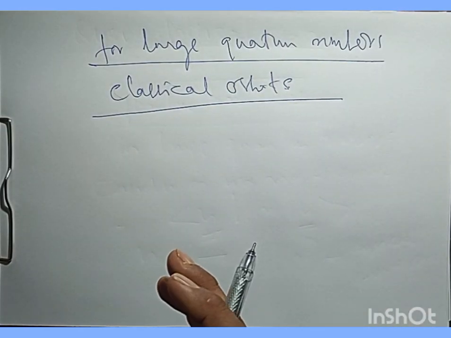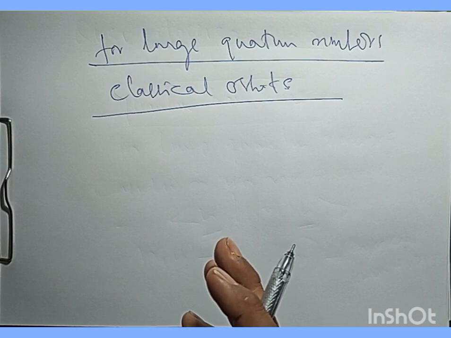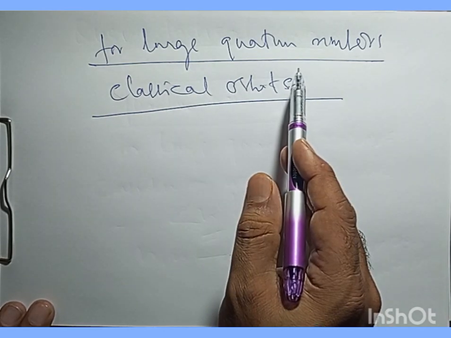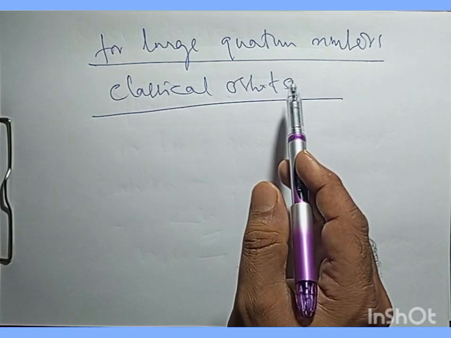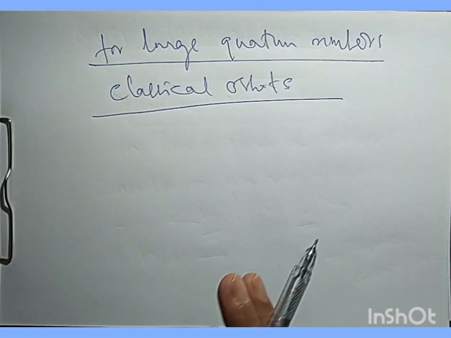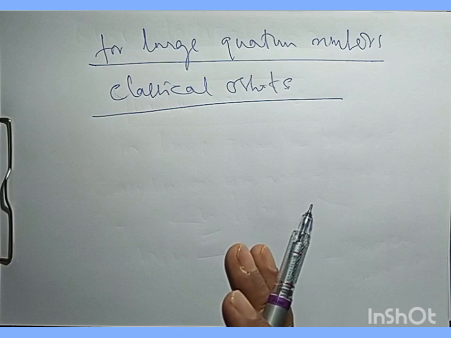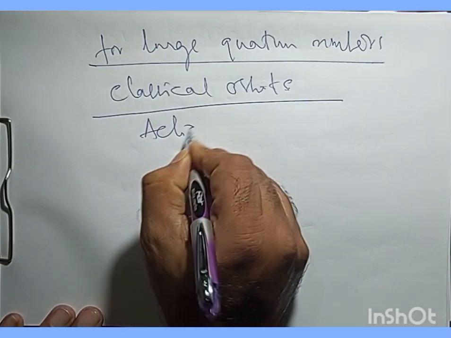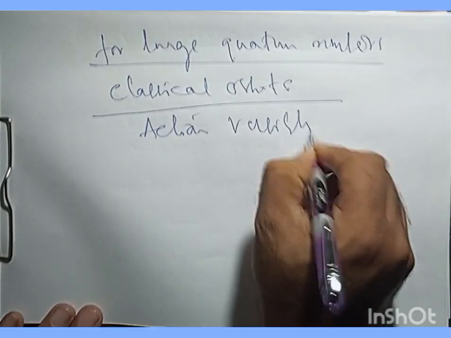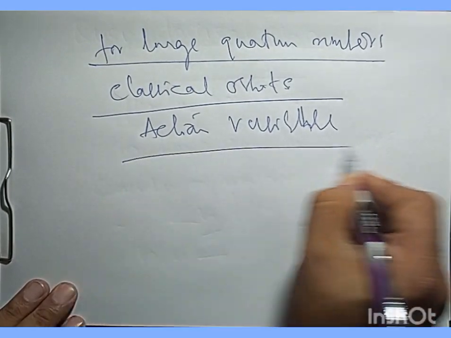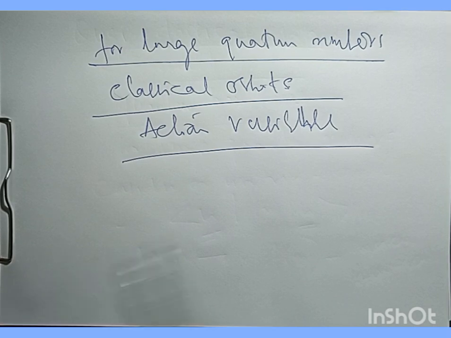We can approximate this matrix element to the classical orbit for large quantum numbers. The behavior of the quantum system tends to classical mechanics, which is basically expressed in terms of the action variables. And this is what is called the quasi-classical approximation, or we may call it the WKB approximation.